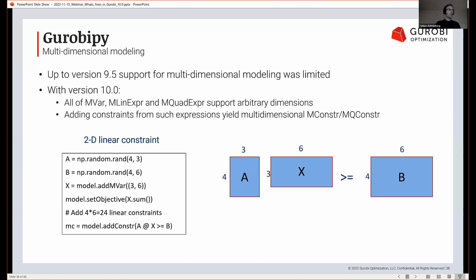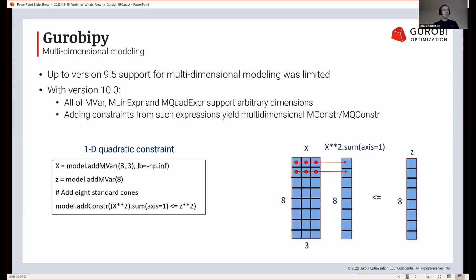Then you would set an objective function, but the main part here is the addConstr function. You write A multiplied by x greater than or equal to b, and you see here in the picture how that works. The A and x matrices need to fit in dimensionality, so the 3 and the 3 here should be identical, and then what you get, of course, is a 4 by 6 matrix, and the right-hand side for that reason needs to be 4 by 6. And what does it mean? Well, this will automatically generate 24 linear constraints in matrix notation.